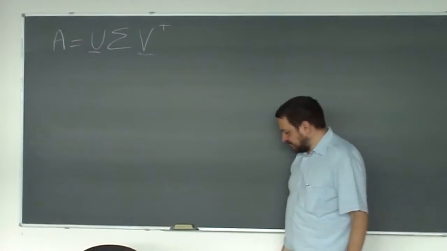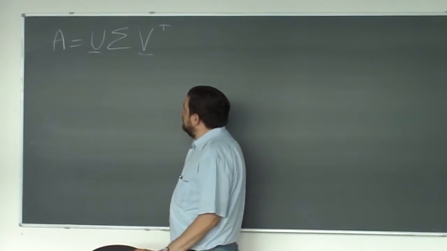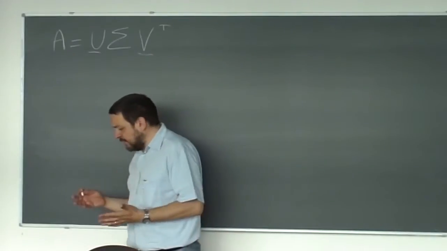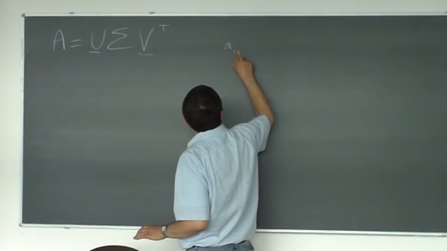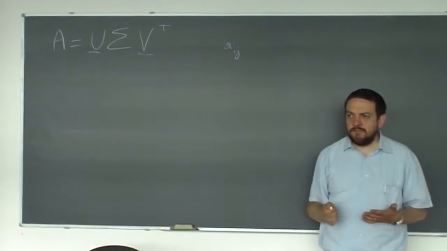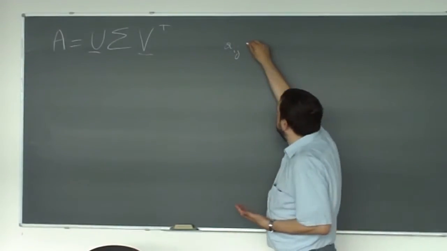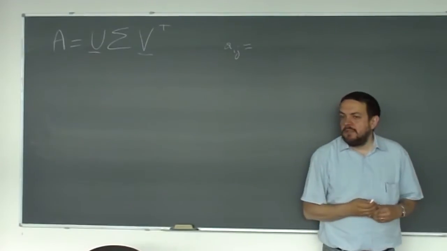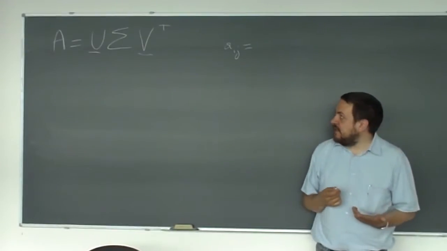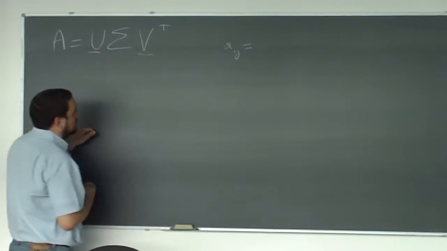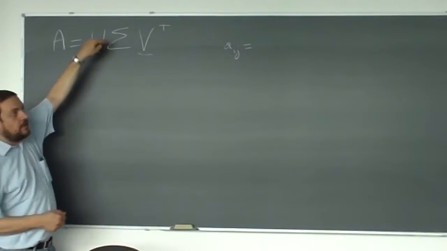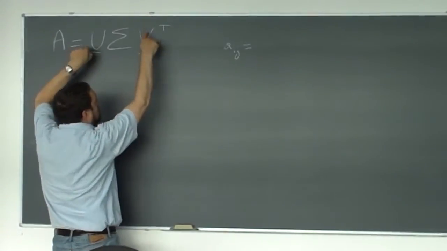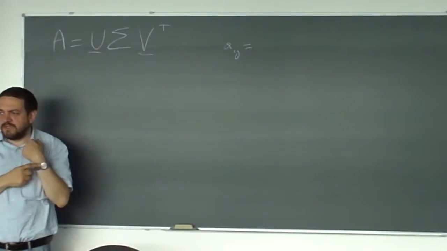In fact, if you look at how the element Aij is computed, what is the element Aij? It's the product of row I of U and column J of V transpose.